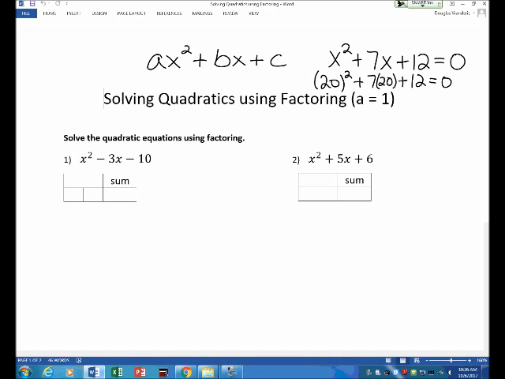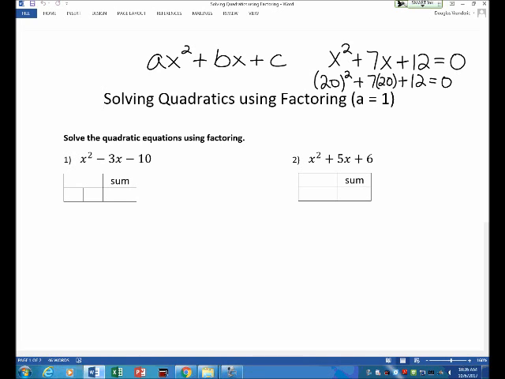Put those together. 540. Plus 12. 552. The main thing I want to know there is, is it 0? No. So when we plugged in 20, did we get 0? No. So 20 would not be a 0.